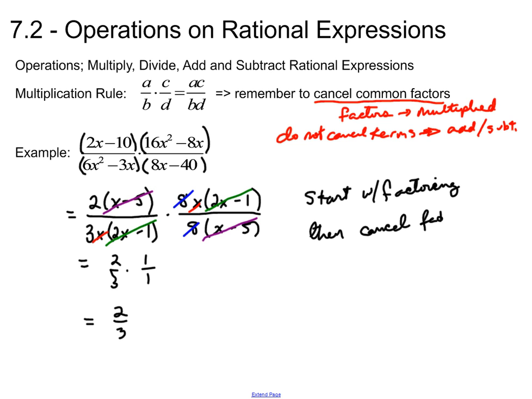Cancel factors, and then you can multiply. All right, so in that order: factor, cancel common factors, then multiply. Okay, 4 examples to come.